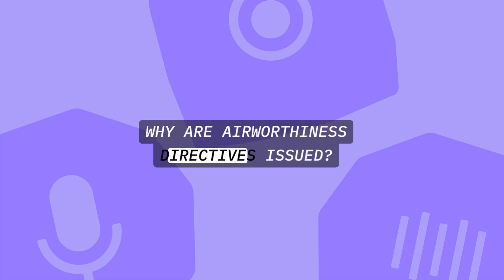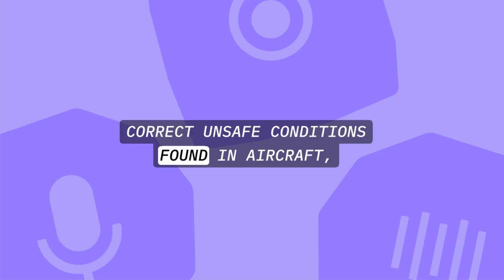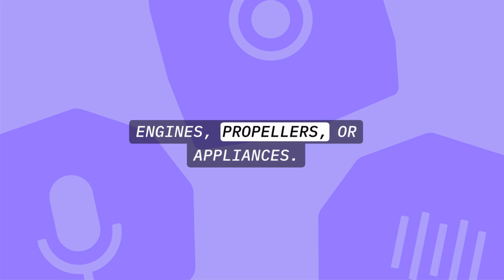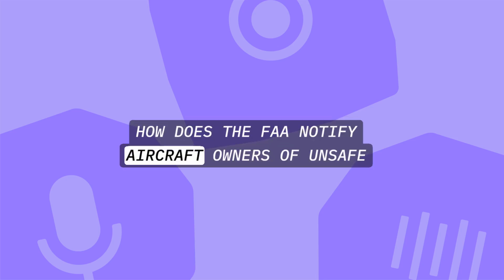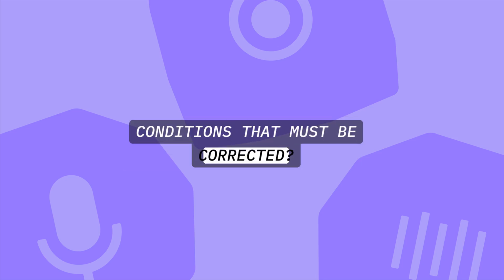Why are airworthiness directives issued? To correct unsafe conditions found in aircraft, engines, propellers, or appliances. How does the FAA notify aircraft owners of unsafe conditions that must be corrected?